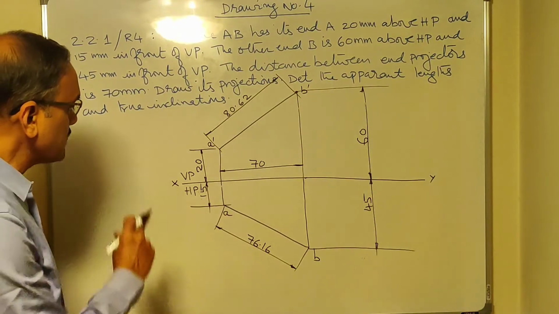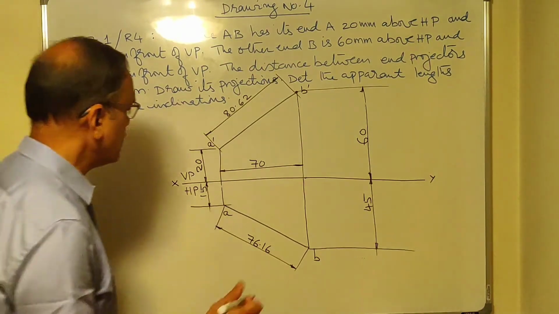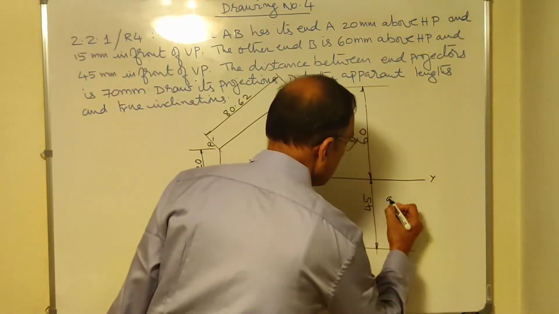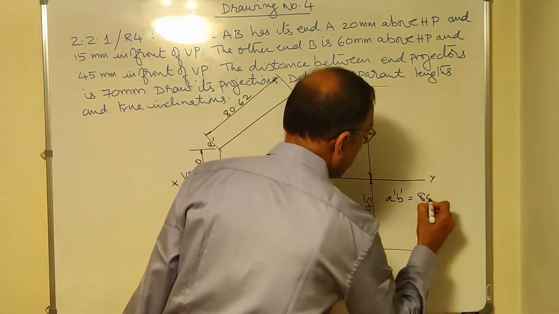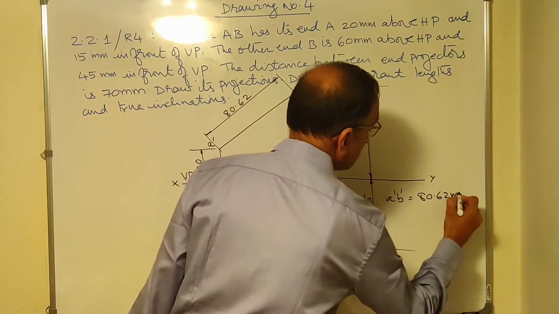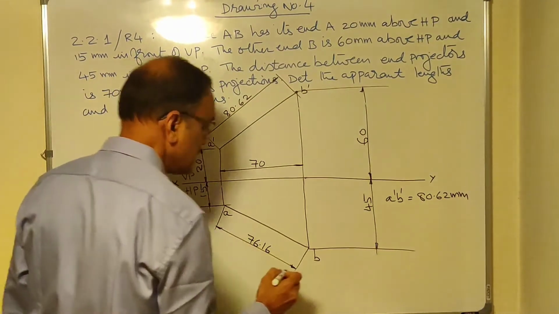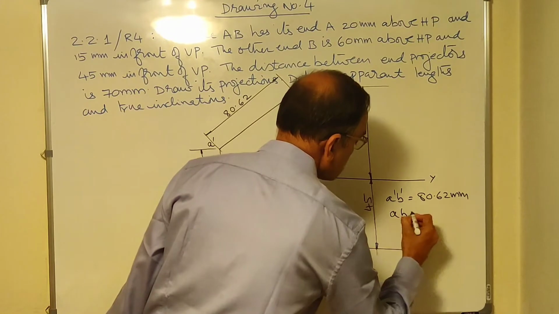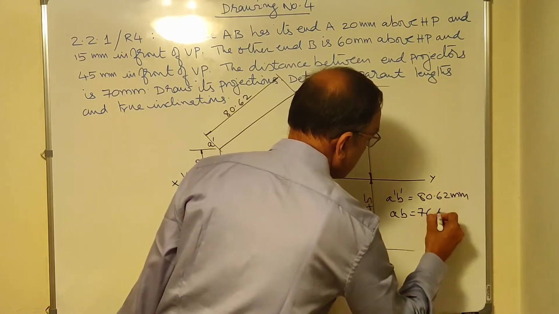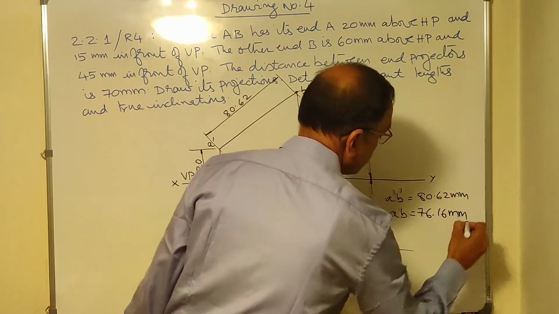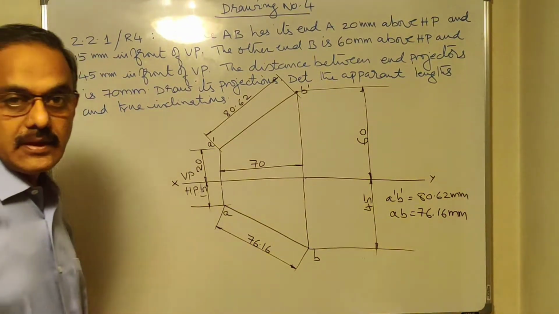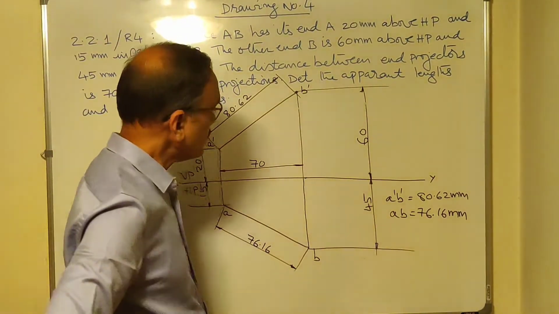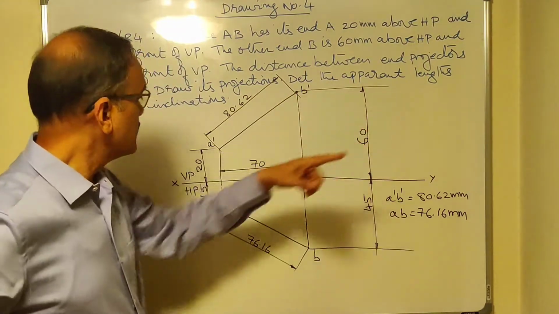Of course, since you are asked to measure them, you can make the statements here. A dash B dash is equal to 80.62 mm. Similarly, AB is equal to 76.16 mm. So that part of the problem is completed. Okay. So the apparent length is done.